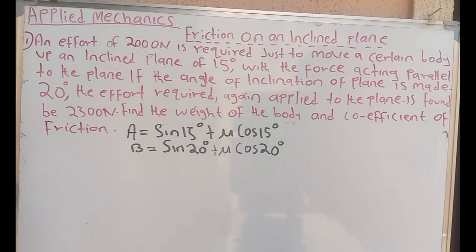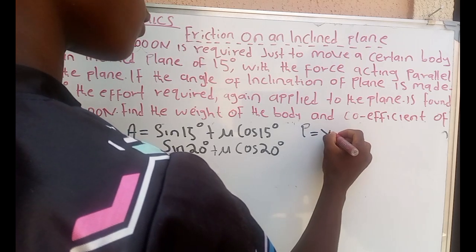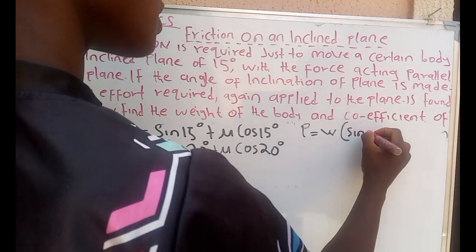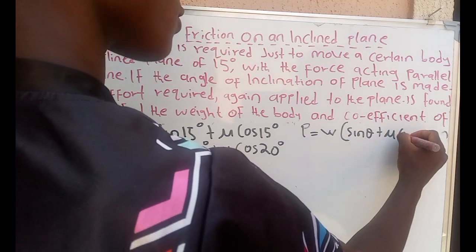If you could remember, the general formula that we have figured out for the equilibrium, we say that P is equal to W into brackets sine theta plus mu cos theta.